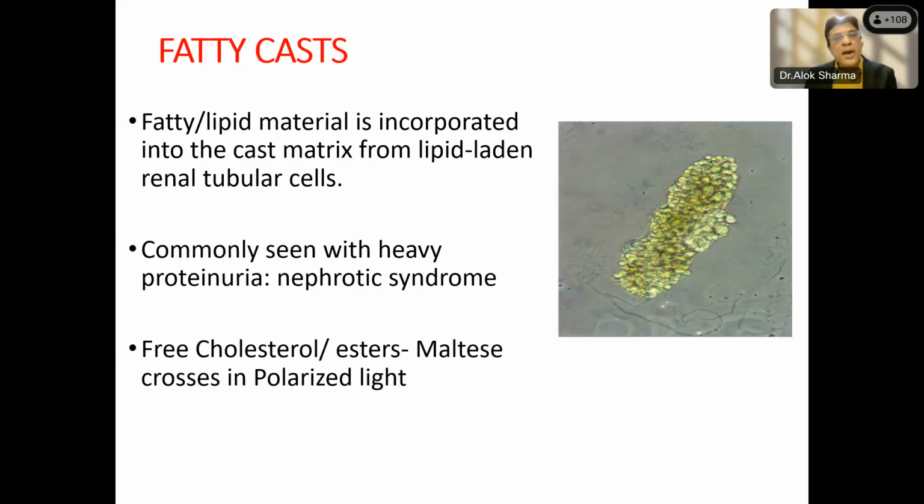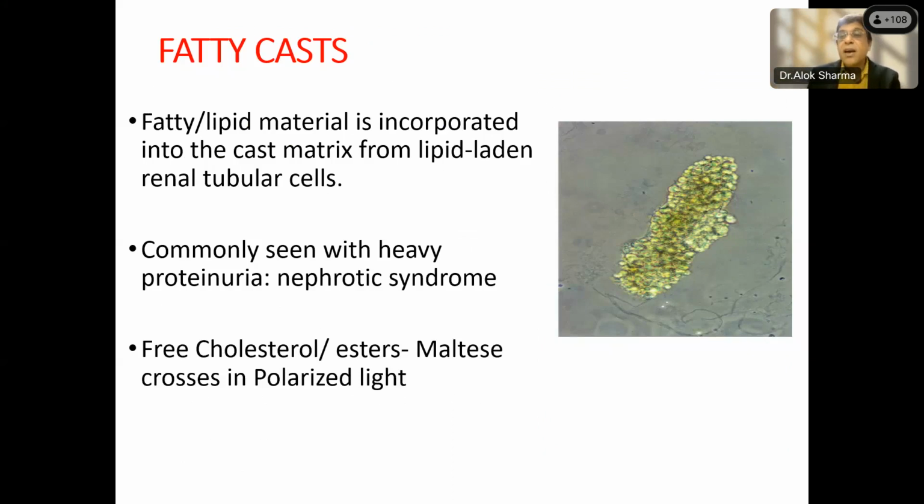We've talked about the fatty casts. When you have a lipid material which is incorporated into a cellular matrix, they form those lipid-laden casts. And many times when patients have nephrotic syndrome or heavy proteinuria, you will find these fatty casts in abundance in urine. They are composed of cholesterol esters, and as I told you, when you put the polarizer and cross polarize it, they give a beautiful Maltese cross appearance.